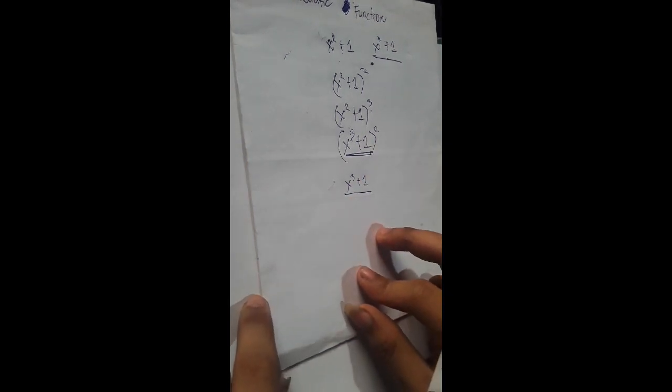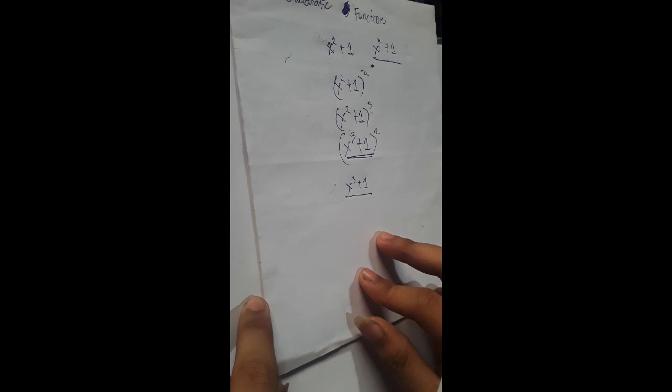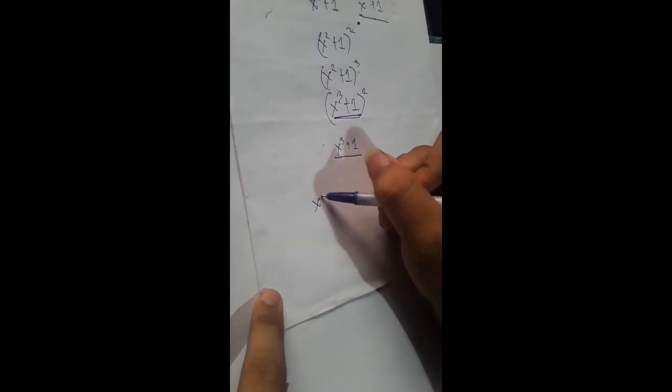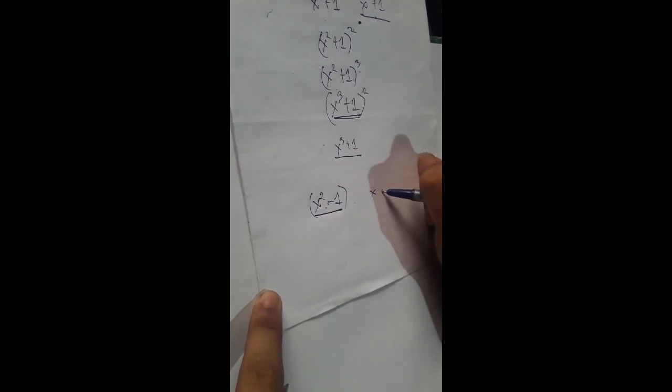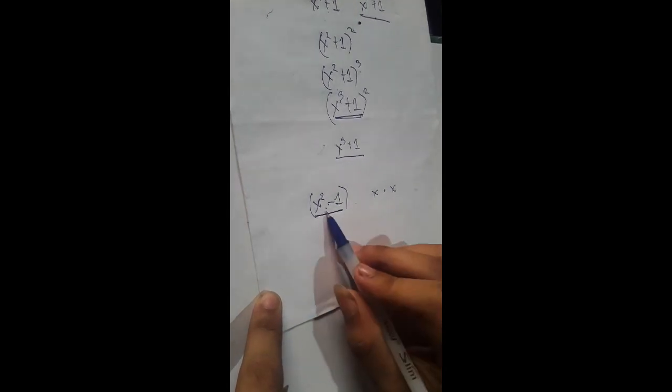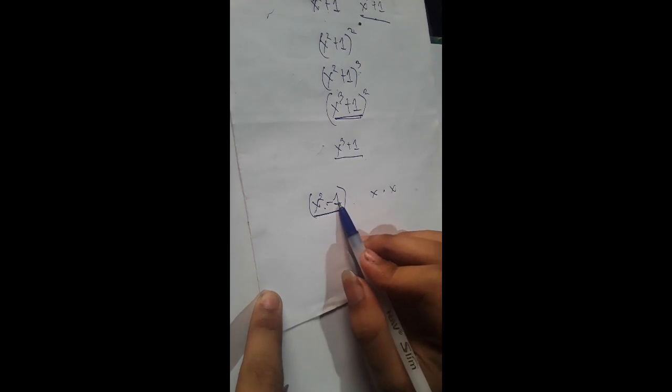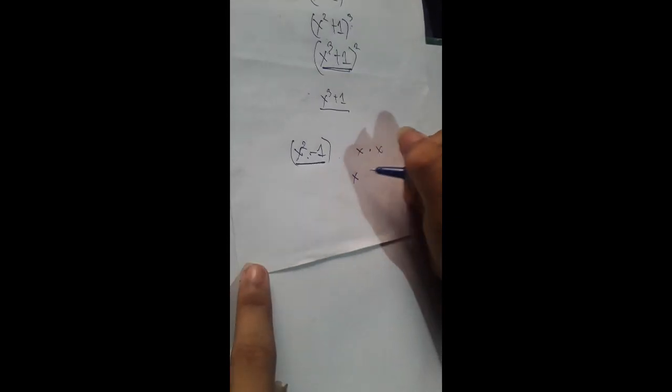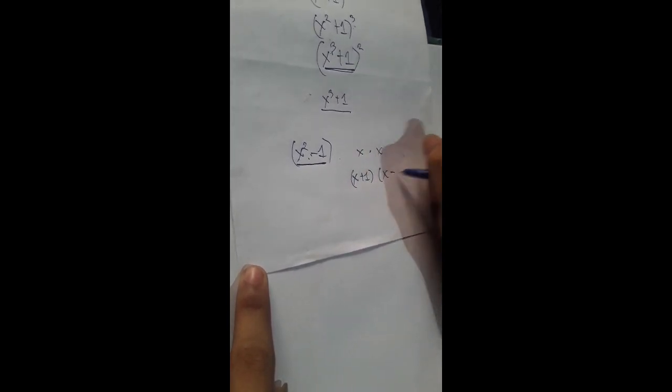Always remember that if we have a quadratic function in our denominator, for example x squared minus 1, we are going to factor it. The first term becomes x times x, so x squared, and this will become x plus 1 times x minus 1.